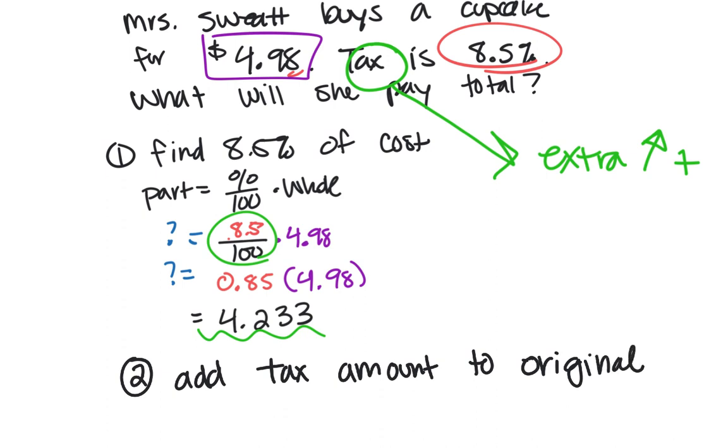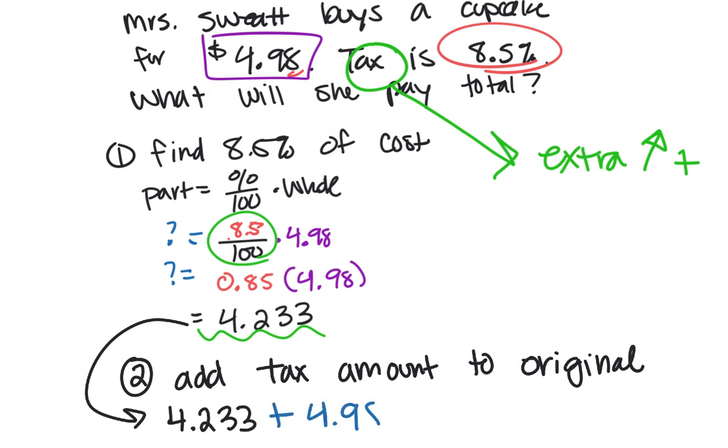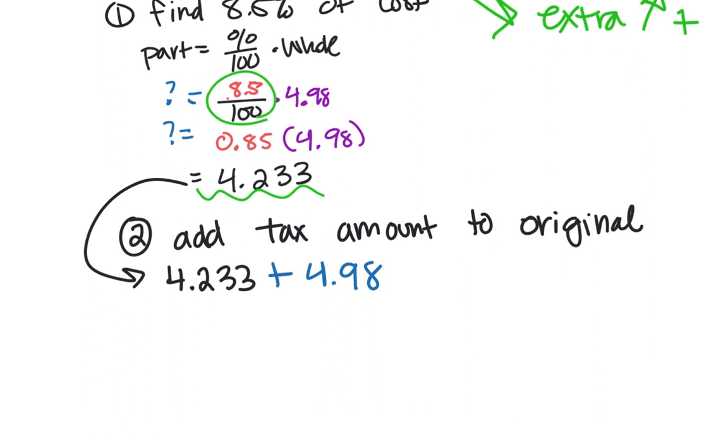We're going to take that 4.233, and I'm not going to round it yet. I'm going to add the original amount of $4.98. I know you can't see it on the screen, but in my calculator it is showing me this 4.233. I'm just clicking plus 4.98, and it knows the number I was talking about before.